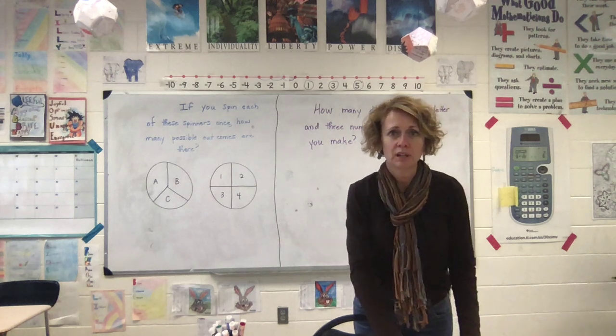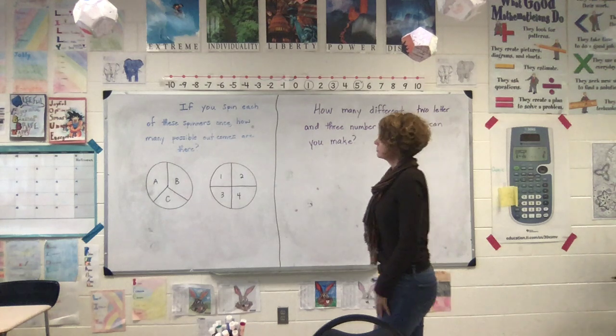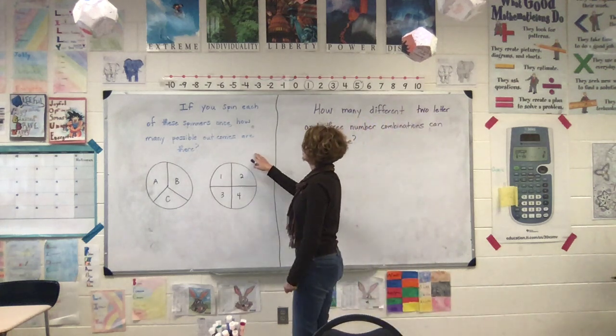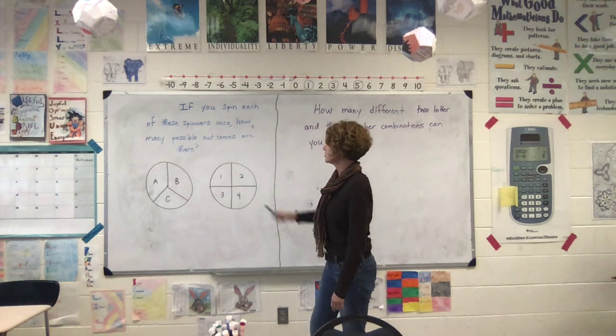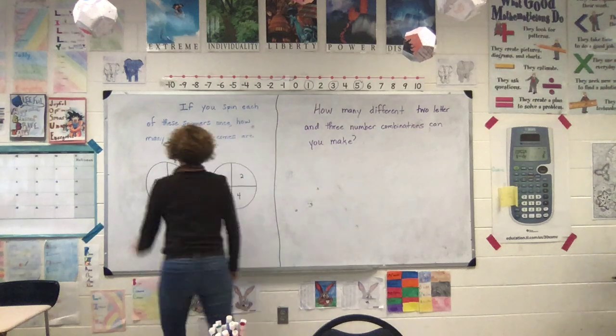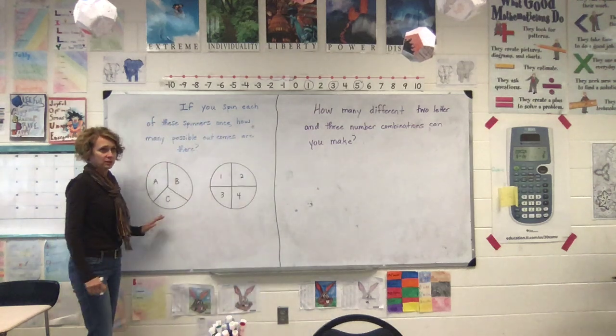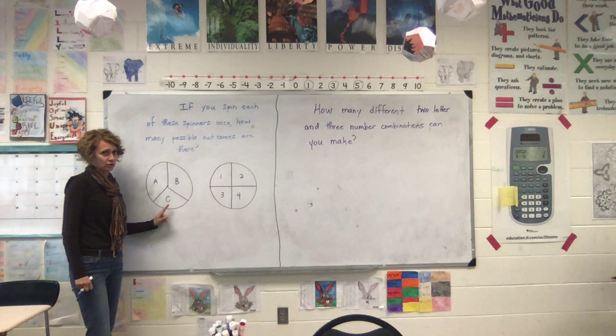Okay? So what happens if you have 2 events? For example, if you have a question and it says, if you spin each of these spinners once, how many possible outcomes are there? All right, so I'm going to look at my spinners, and I'm going to notice that on the spinner I have 3 different outcomes that could occur.